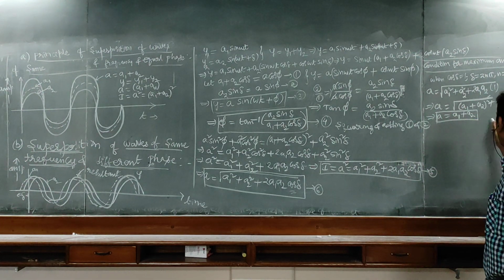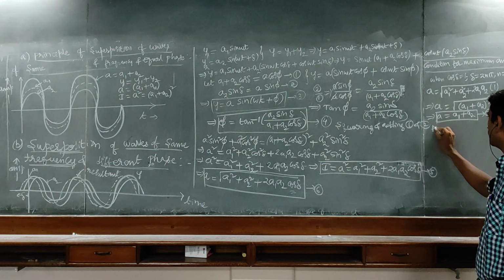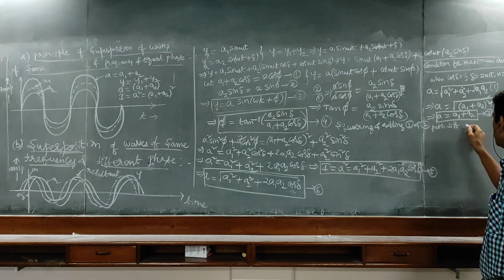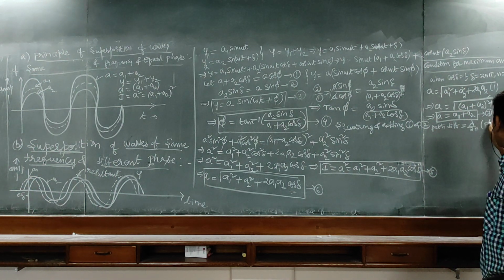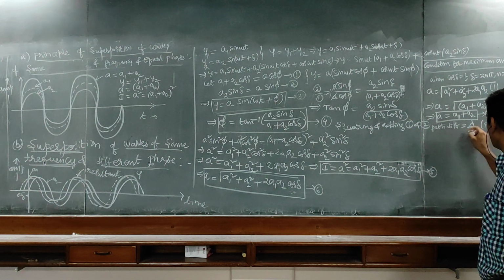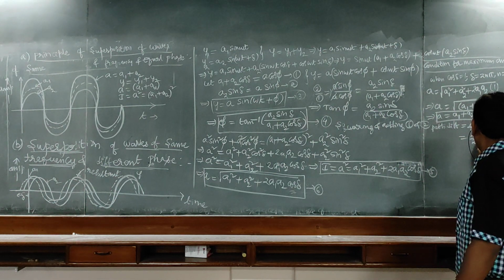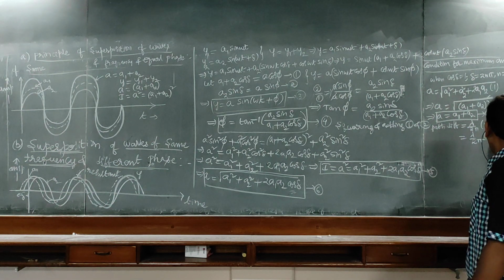Now coming to the path difference, let it be named equation number 7. We know that path difference is equal to lambda by 2 pi into phase difference. Then substitute the value of phase difference, that is lambda by 2 pi into 2n pi.